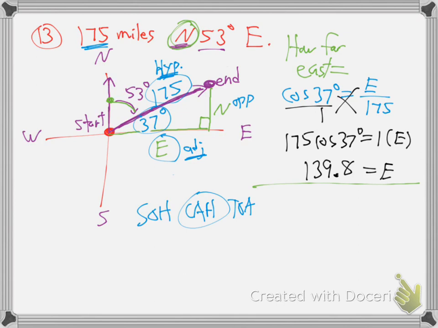What trig relationship am I going to use for the northern part? Sine, because that's going to be opposite over hypotenuse. So the sine of 37 degrees is opposite, which is north, over hypotenuse, 175.